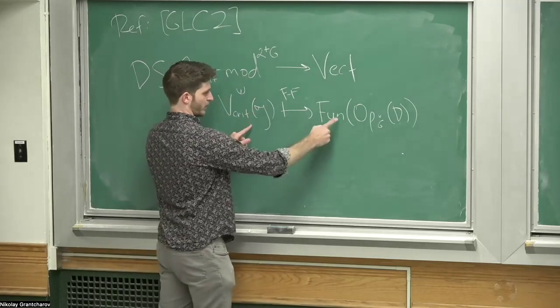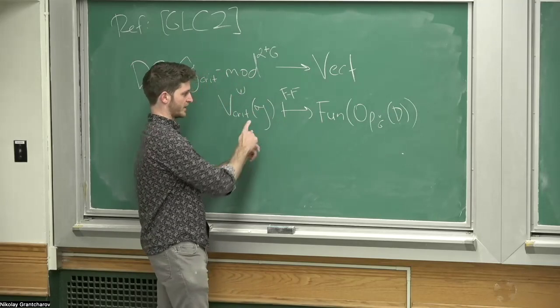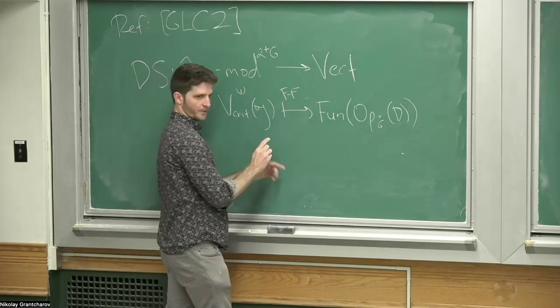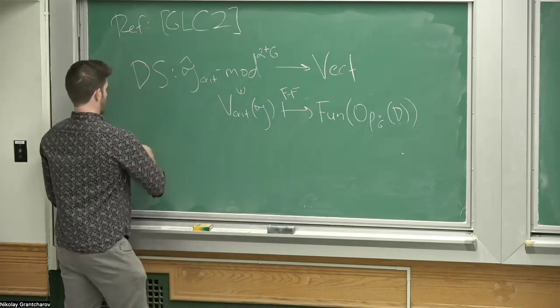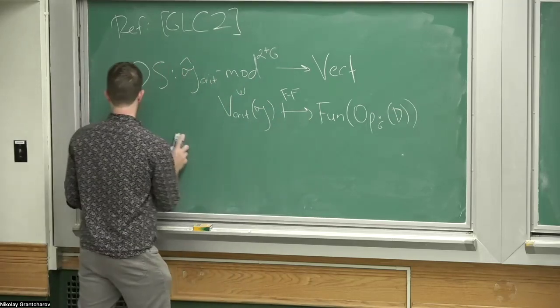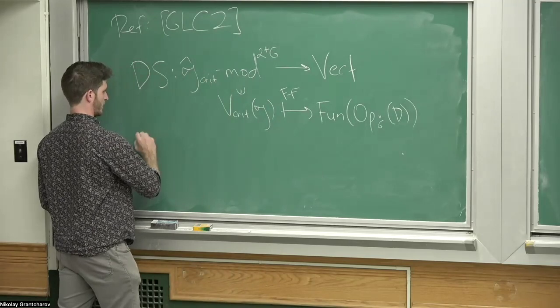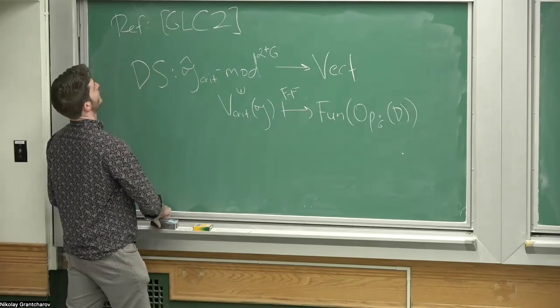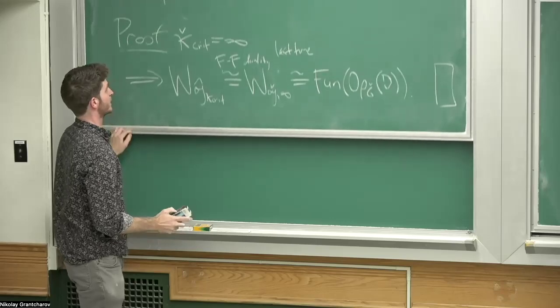And Feigin-Frenkel, because it was supposed to be compatible with the quasi-conformal vertex algebra structure, tells me that this maps to this really as factorization algebras. Okay, so this is ingredient number one. But I actually need a slightly upgraded version of this.